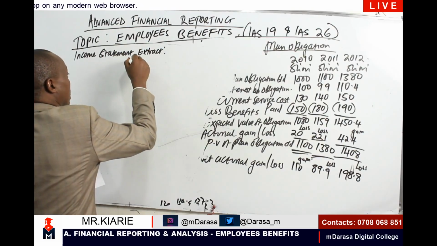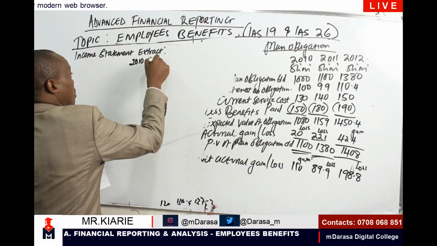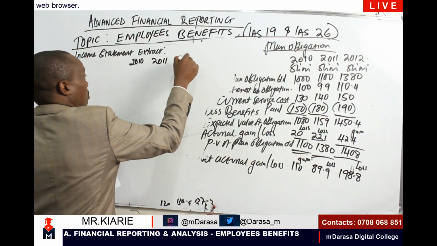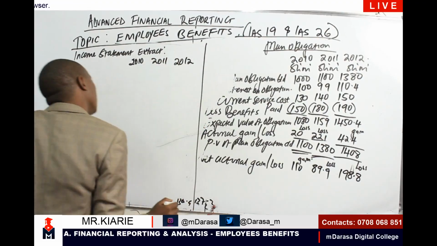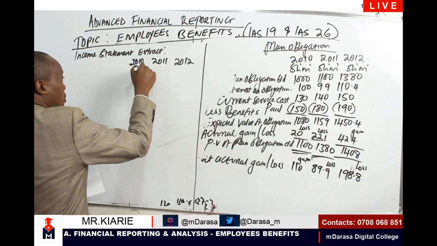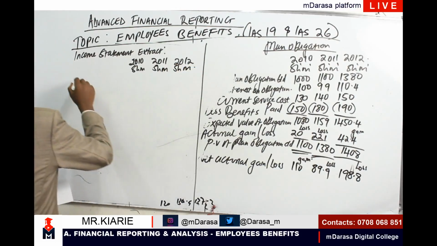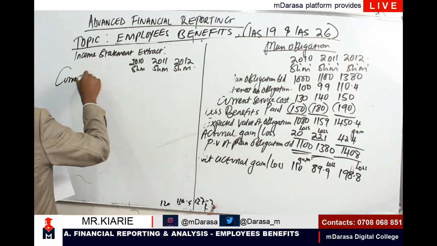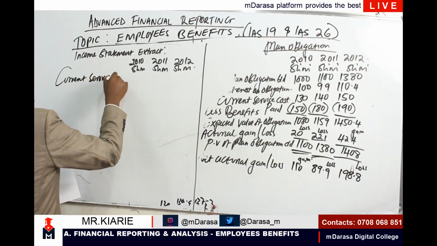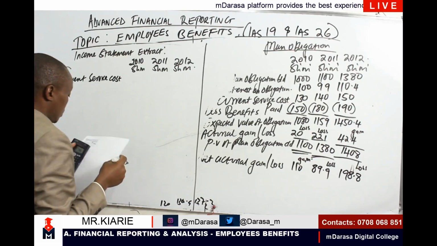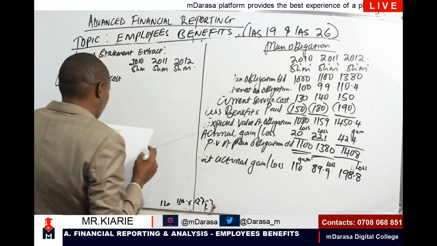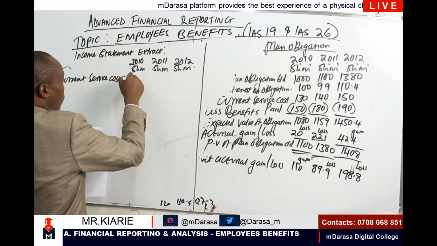We have 2010, 2011, and 2012. Our figures are in millions. We are going to start with the current service cost. Current service cost is 130, 140, and 150.